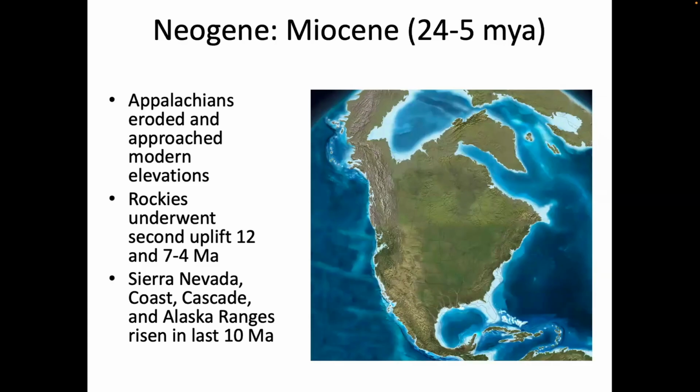And we get a rapid uplift pulse that lasts from roughly 20 million years ago to probably about 4 or 5 million years ago, maybe 3 million years ago. So it goes from the Miocene into the Pliocene. Now, what could cause uplift based on what you can see from this map? Anything?